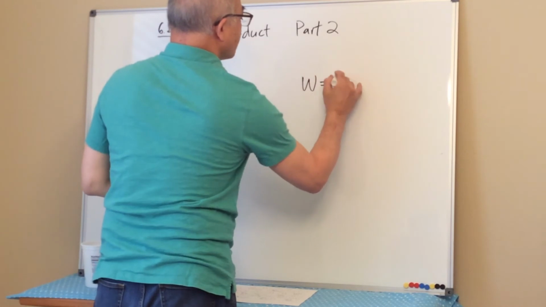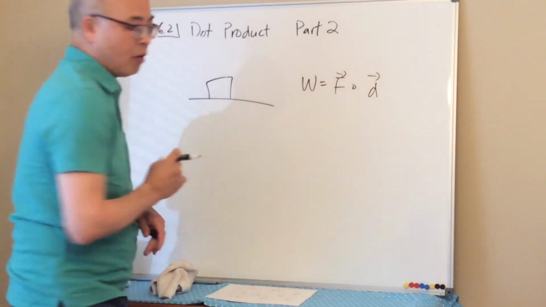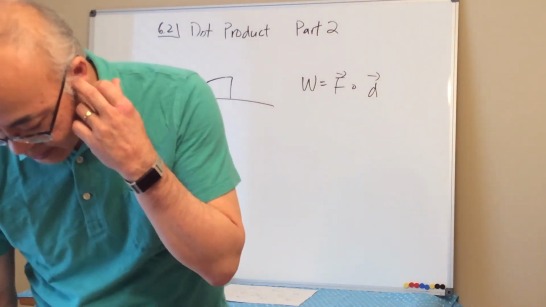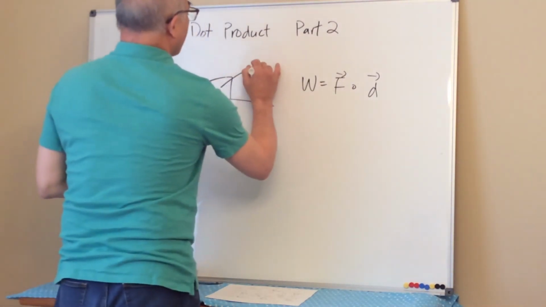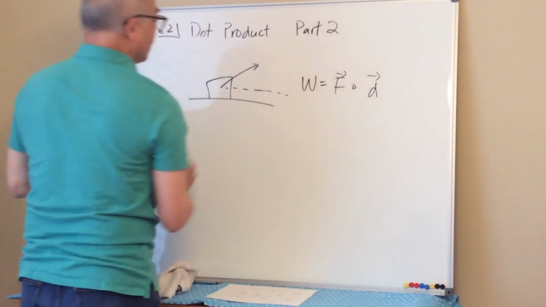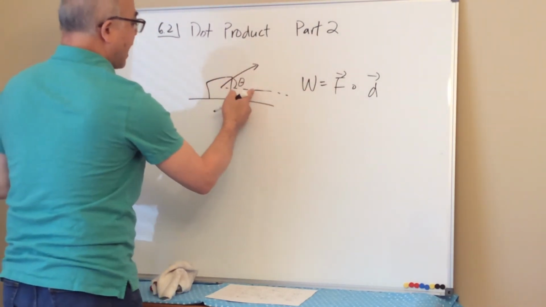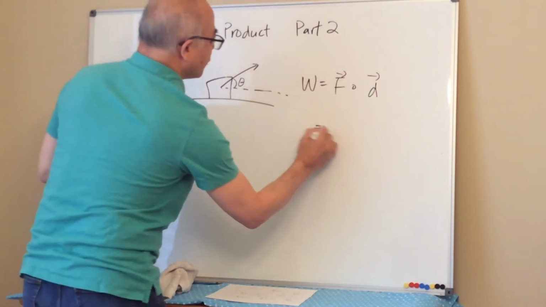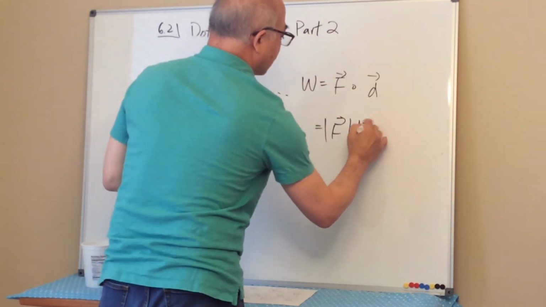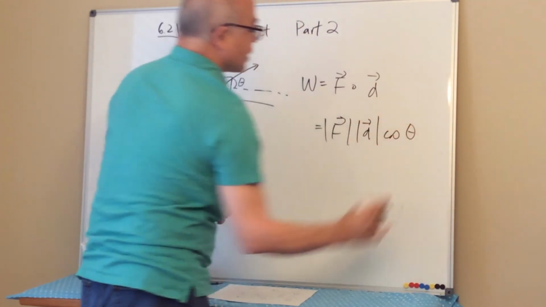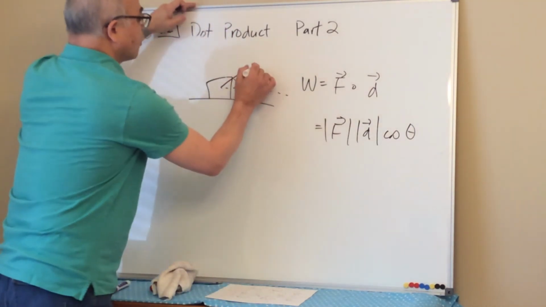So the work is equal to the force vector dot product with where I want to go. The book says AB, whatever, same thing, right? So if I'm going this way, and this is theta, the amount of work that I'm actually doing is the cosine of theta, because that's the portion actually doing work for me.